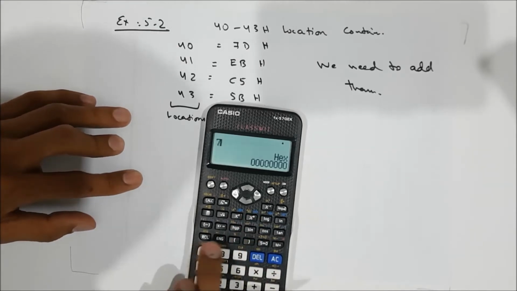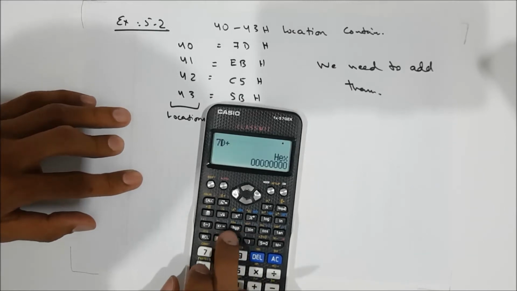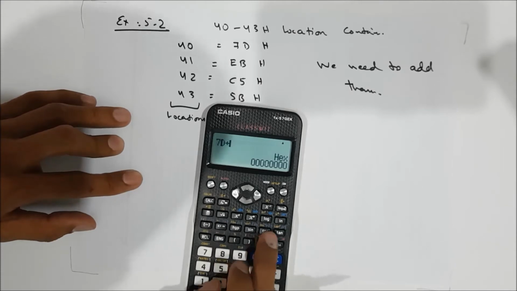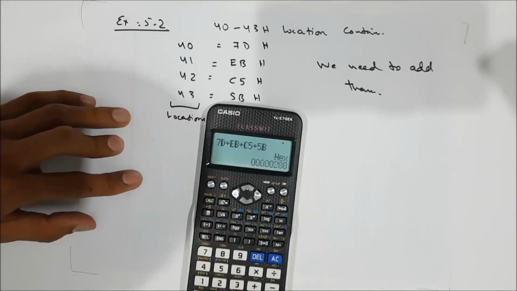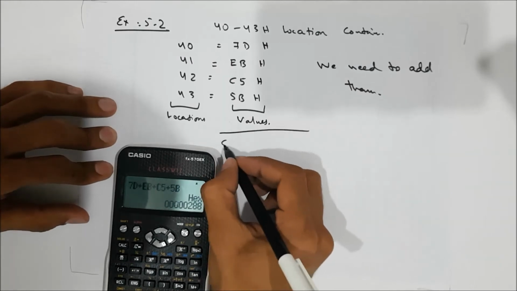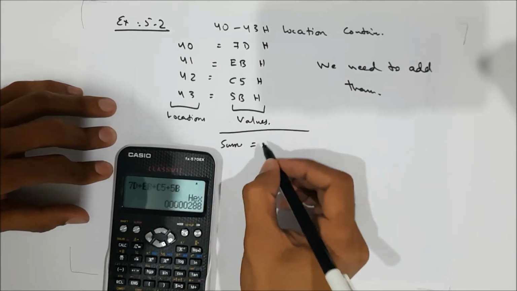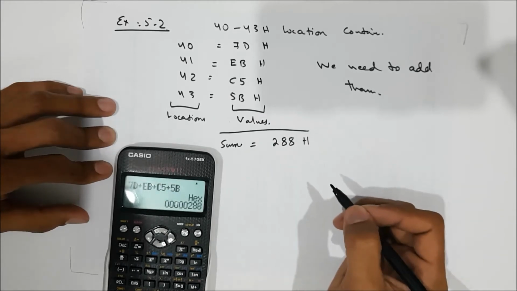In hexadecimal, we have 7D plus EB plus C5 plus 5B. The hexadecimal sum will be equal to 288H.